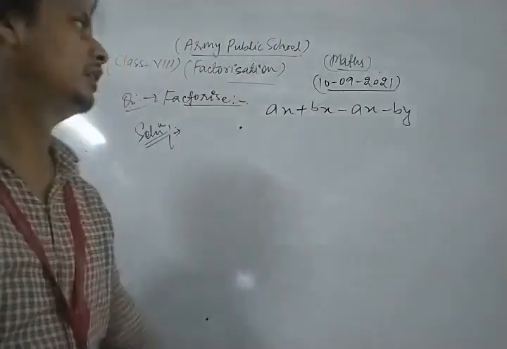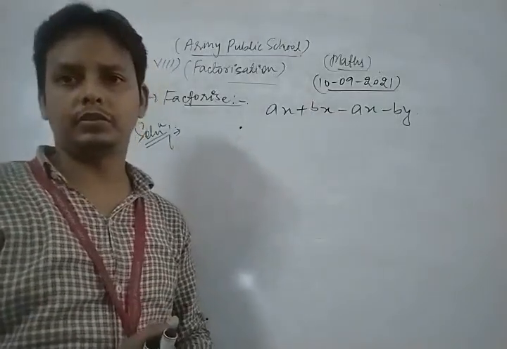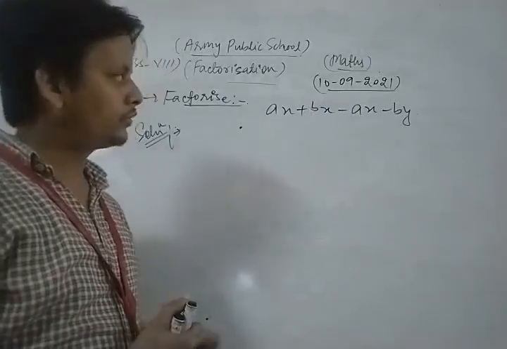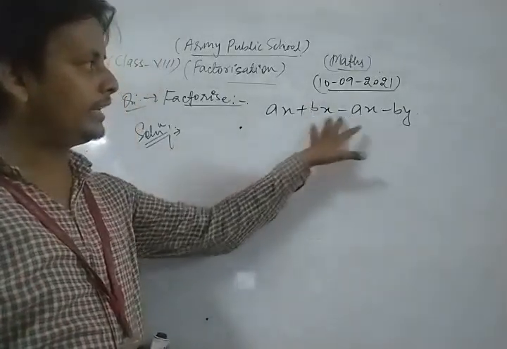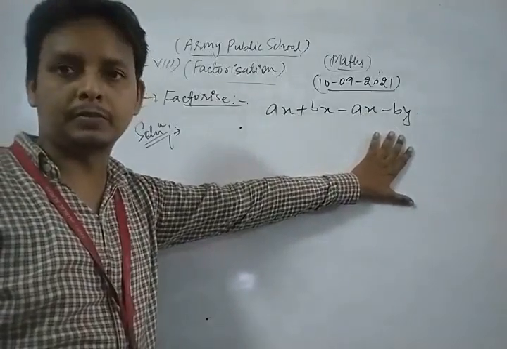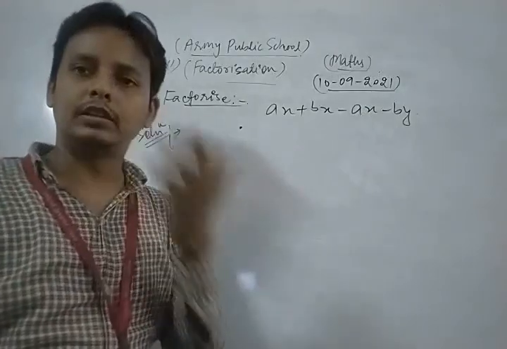This is a very important question of your NCERT exercise on factorization. First of all, we observe that no value is common in all the four terms. In that type of question, we form a grouping.